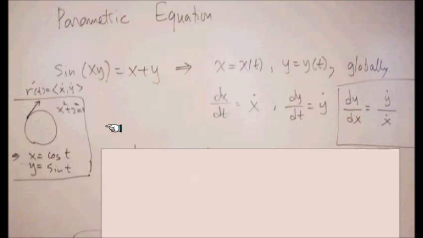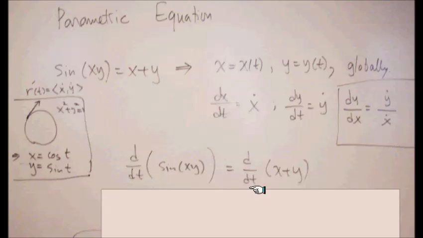So what we're going to do is differentiate and get x dot and y dot to come out, and see if we can rewrite those equations into this form: y prime over x prime, y dot divided by x dot. The first step is differentiating both sides like before, but notice that this time we use the variable t.